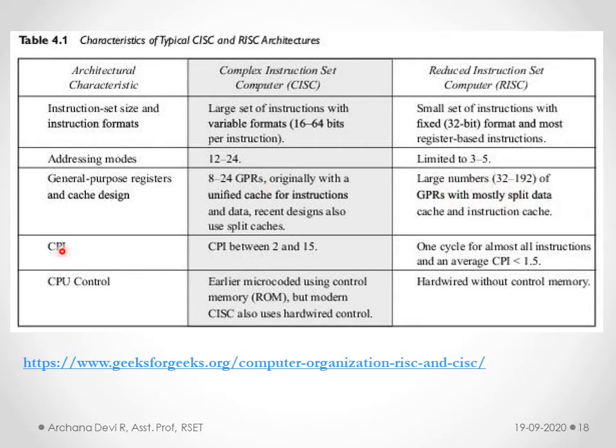CPI is higher for CISC, whereas it is lower for RISC. The CPU control is micro-coded in microprogram memory in CISC, whereas in reduced instruction set architecture it is hardwired, which we'll see in the diagram. I have also given a reference for the comparison between RISC and CISC architecture.